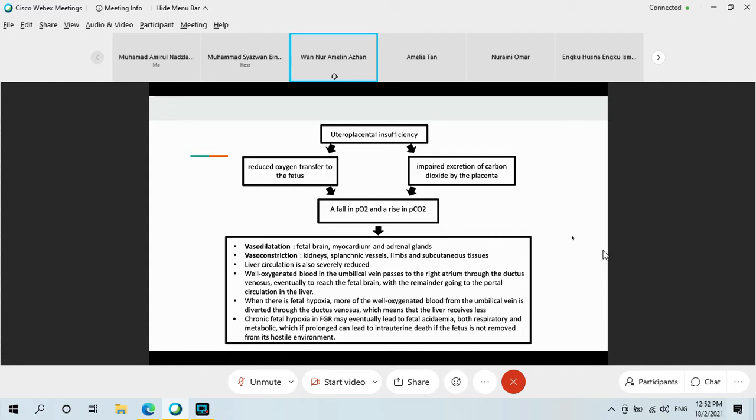So in cases of chronic fetal hypoxia in FGR, it can lead to fetal acidemia, both respiratory and metabolic, which if prolonged can lead to intrauterine death if the fetus is not removed from the hostile environment. Okay, next slide.